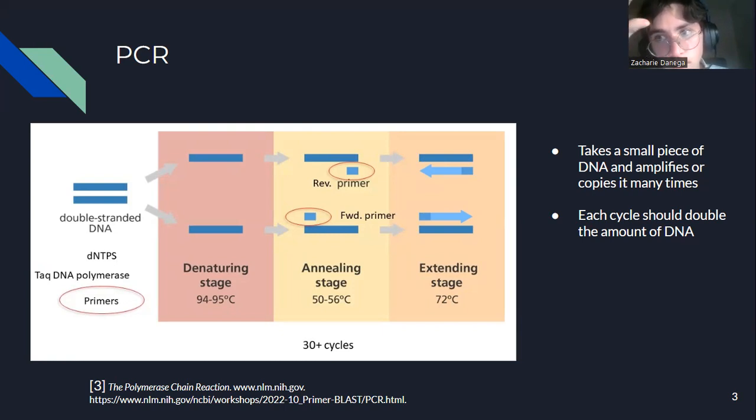It's cooled down a bit so that the primers can attach themselves to the single strands of DNA. And then it's heated back up a bit so that the polymerases can effectively do their thing. And now you should have double the amount of the DNA that you want, theoretically.